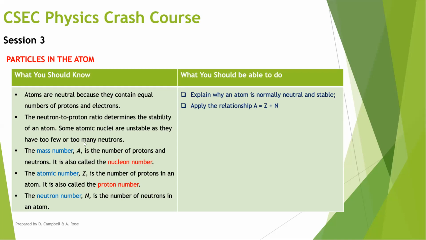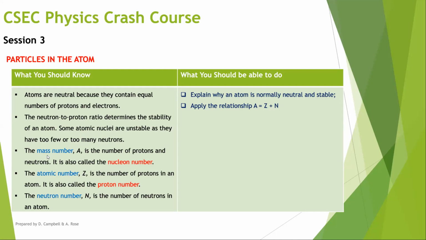All right. So the unstable status of the nucleus would be due to either too many neutrons or too few neutrons.